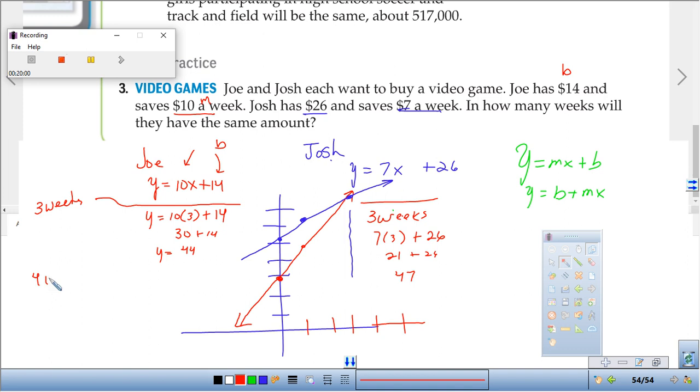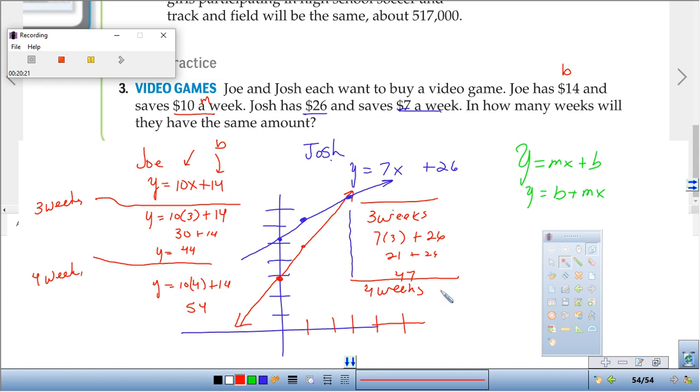Let's try 4 weeks. At 4 weeks, I'm going to go with y equal to 10 times 4 plus 14. 40 and 14. 54.